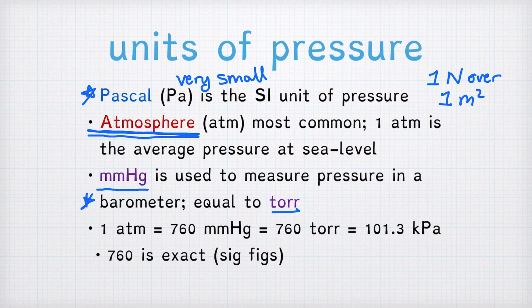When you're doing unit conversions, 1 atmosphere is exactly equal to 760 millimeters mercury, which means it is also equal to 760 torr, and it's a little over 100 kilopascals, which means that 1 atmosphere is about 100,000 pascals. Like I said, pascals are very small and atmospheres are comparably much larger. As far as sig figs go, the 760 is an exact number.